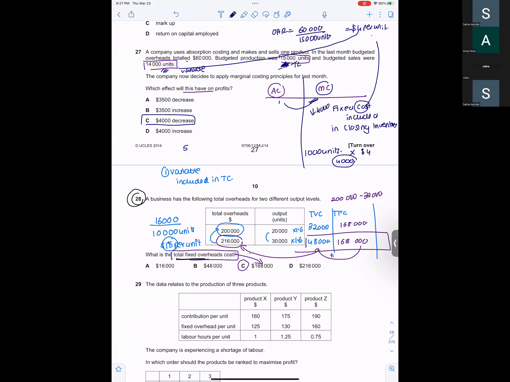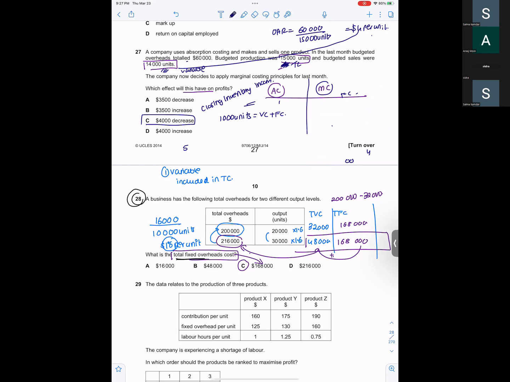Why less by 4,000? Because budgeted sales were less than budgeted production. In absorption costing, the 1,000 units of closing inventory were valued at variable cost plus fixed cost. Whenever you think about closing inventory, you say income. So in absorption costing, my income was overvalued by 4,000, but in marginal costing the same 1,000 units were valued at variable cost only.